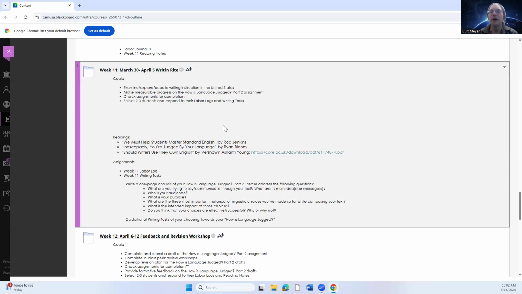You're of course welcome to look up Stanley Fish's work and even quote him in your work if you're arguing either for or against code meshing, right? In your project, if you're doing option one, if you're writing for the teaching of standard English, you can use him to support your arguments.